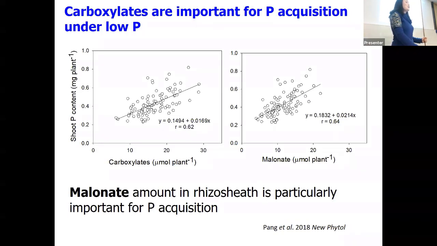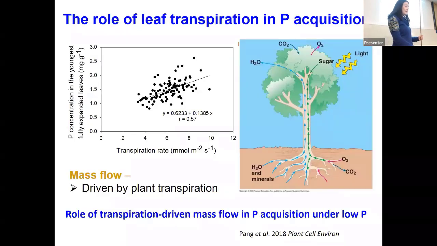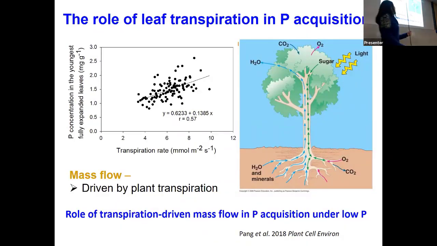And also we found carboxylates had a very strong correlation with phosphorus acquisition, particularly malonate. And very interestingly, we found that leaf transpiration rate had good correlation with leaf phosphorus concentration.